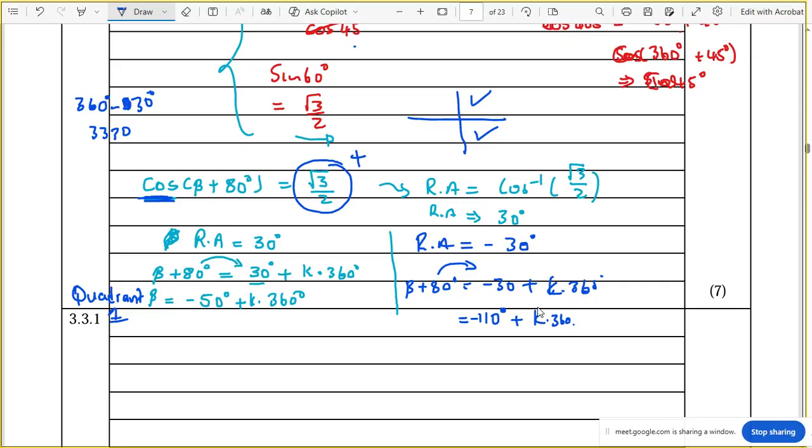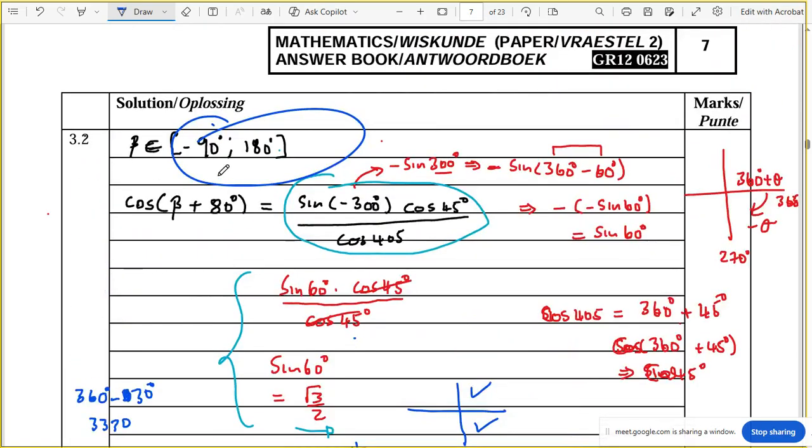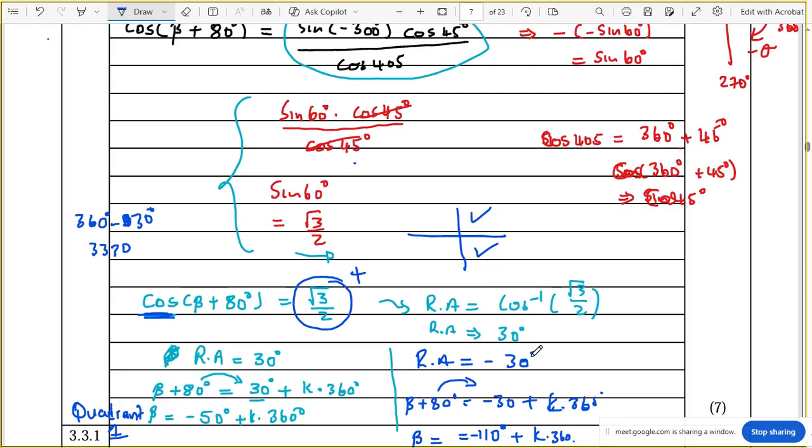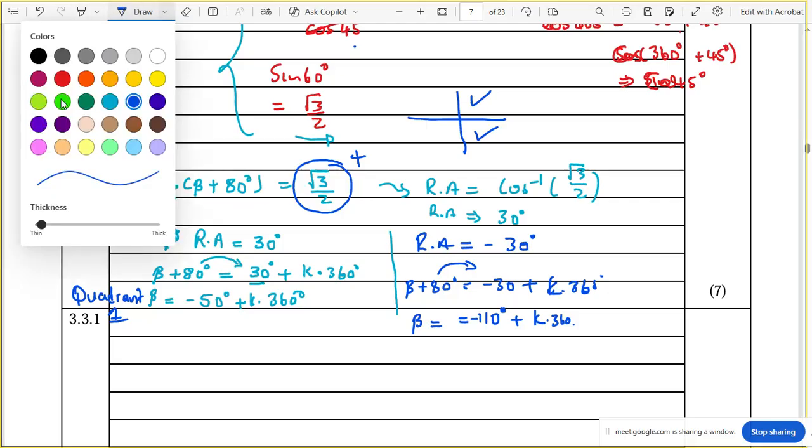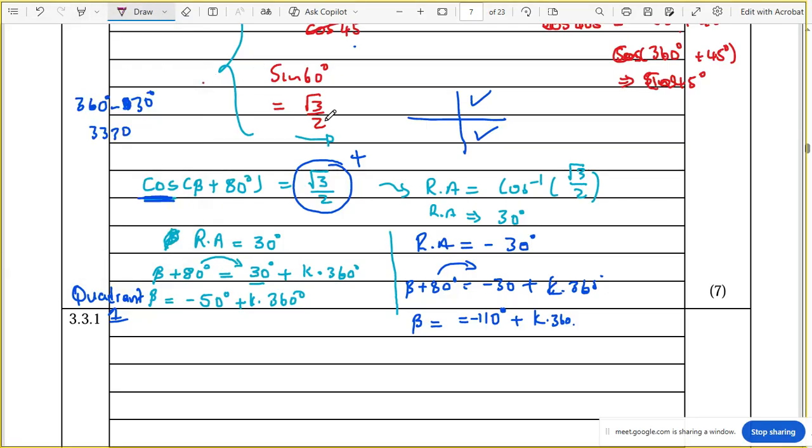Okay, so when you do this, that's your beta. Then you say beta is equal to that. Look at this, minus 110 is still not in that interval. Guys, I need your attention on this one.